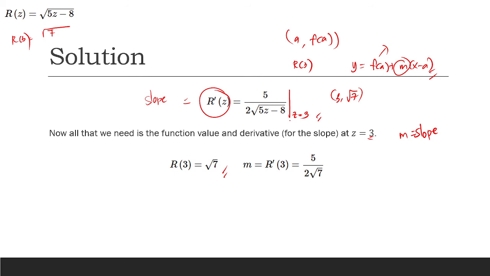Now doing so, we will have 5 over 2 times the square root of 5 times 3, that's 15 minus 8, that's also square root of 7. So we will arrive at a slope that is 5 over 2 times square root of 7 times square root of 7. So that means that the slope at z is equal to 3 is 5 over 2 square root of 7.